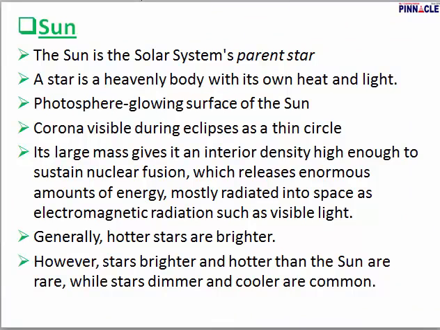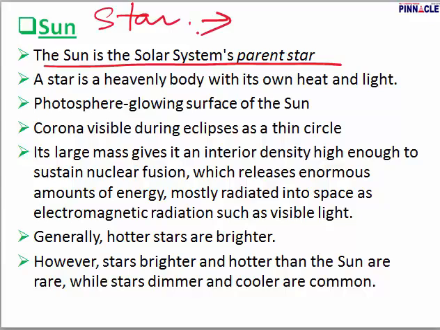Now let us talk about the sun. The sun is considered to be the parent star in the solar system. What do we mean by parent star? The most important star. And what is a star? Let's talk about this also. A star is any heavenly body which is going to have its own light and its own heat.